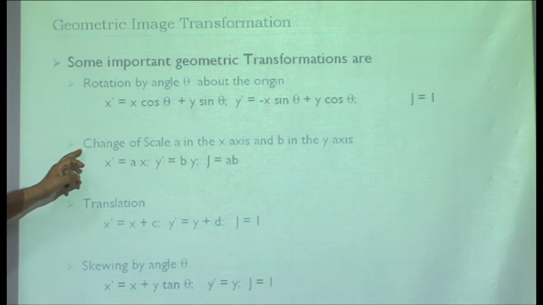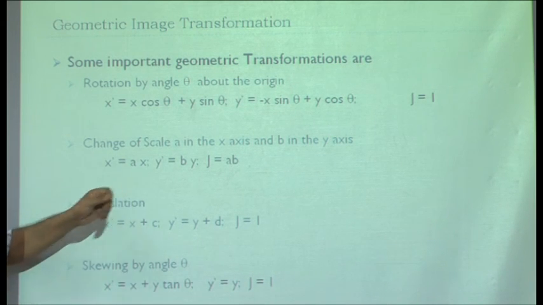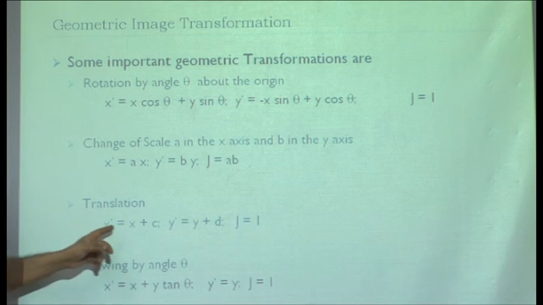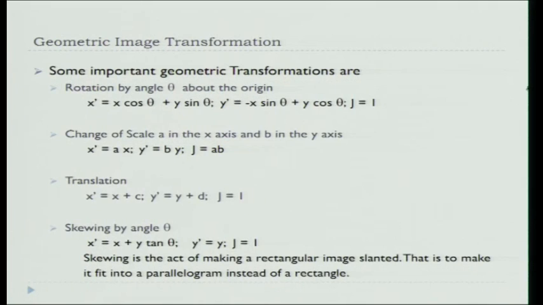Change in scale: x dash equals Ax, I want to increase the scale, and y dash equals By, and if you see the determinant J, it becomes AB. Translation: x dash equals x plus c and y dash equals y plus d, and here also you will find J equals 1. And skewing by an angle theta is x dash equals x plus y tan theta, y dash equals y, and J will become 1.